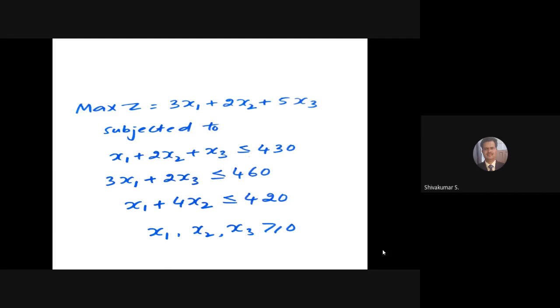That is called a surplus variable. Less than sign plus S, greater than sign minus S.